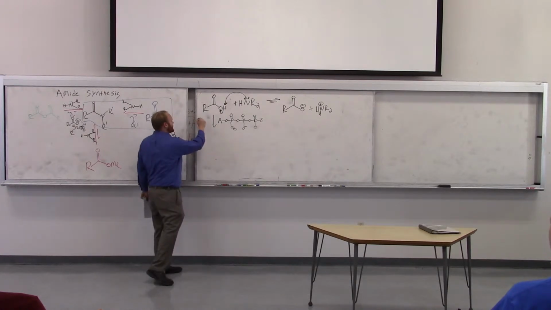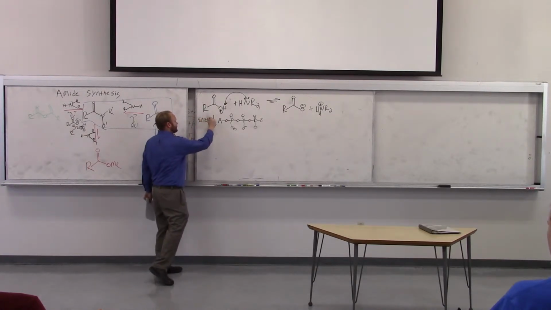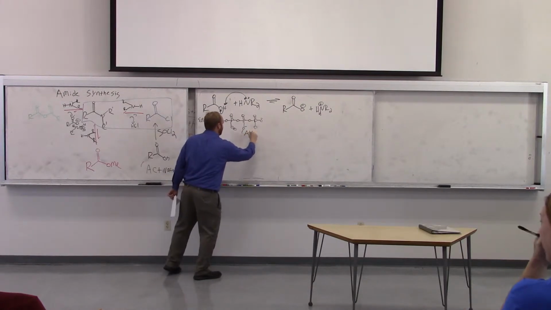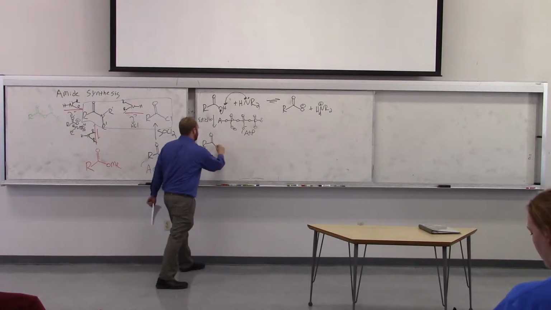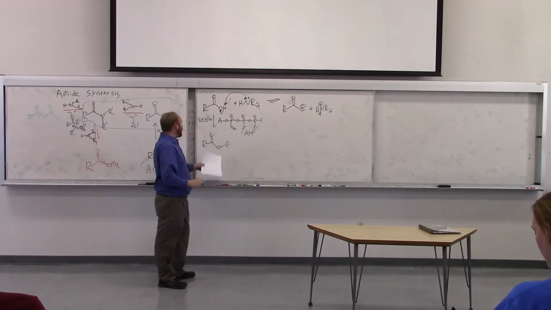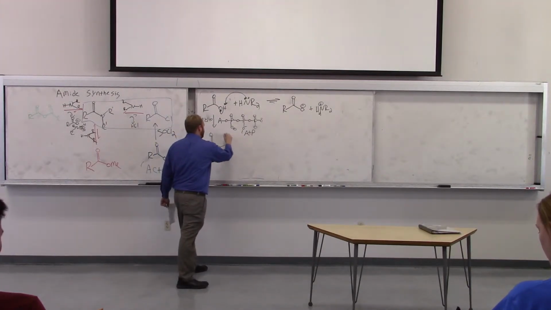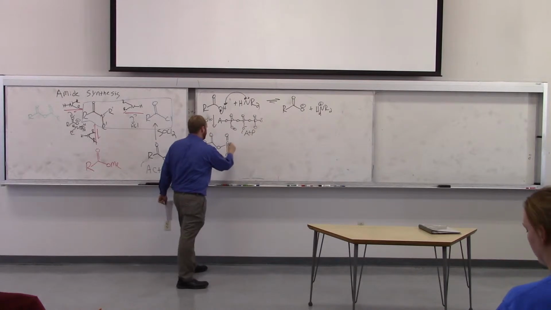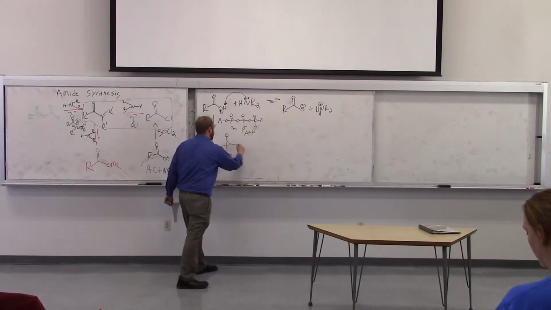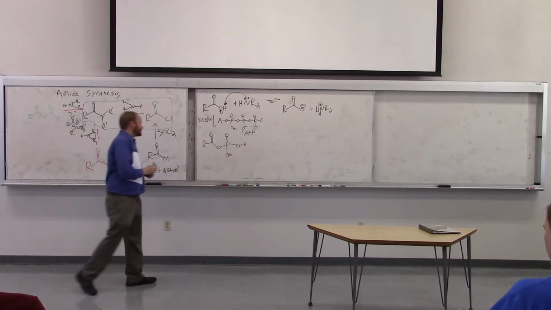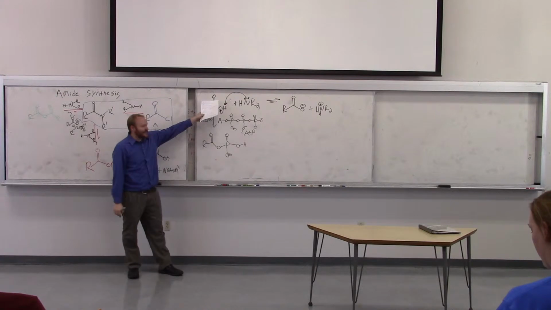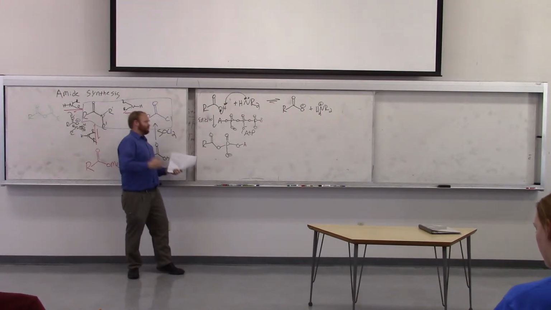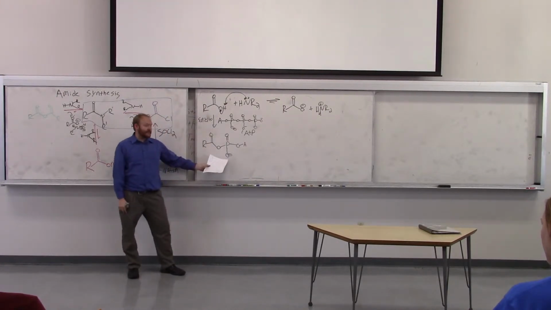Nature takes an enzyme plus ATP and gets out a phosphate ester. So the enzyme will activate the carboxylic acid in nature to give us a phosphoester.